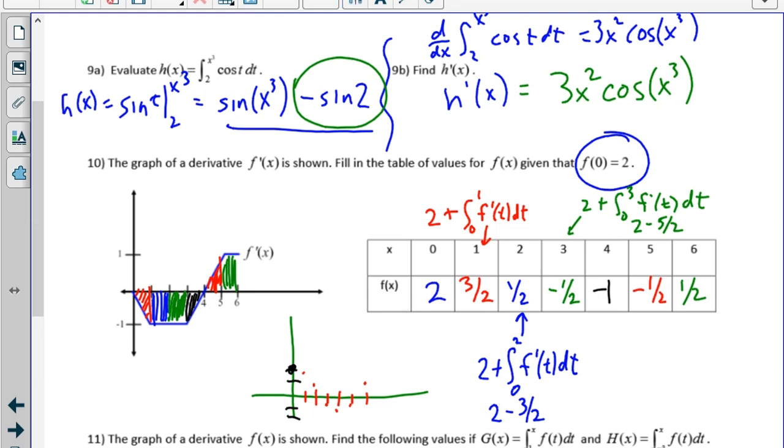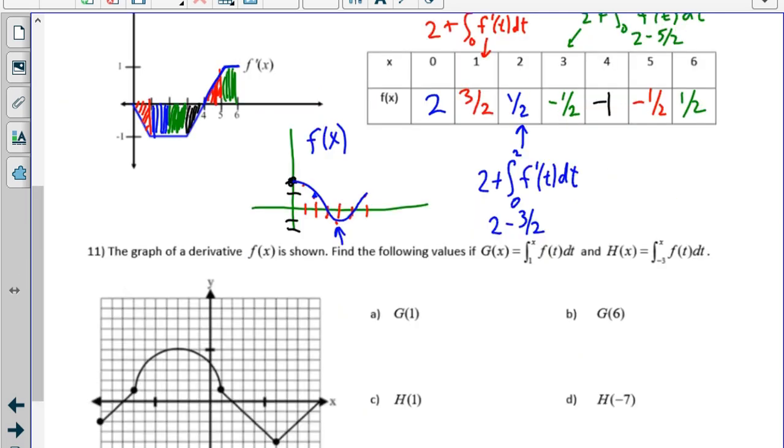So my graph looks something like this. I mean, it may not be exactly smooth, but it looks something like this. This makes sense because I'm going in a negative direction until 4, and then I start going in a positive direction after that. So what happens is, as I have negative area, my original function is decreasing, and then as I have positive area that's being added, so to speak, area above the axis, then my function is now increasing again.